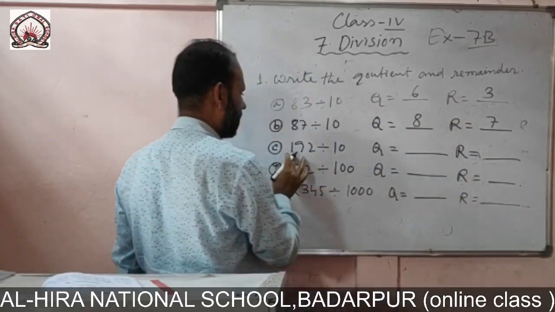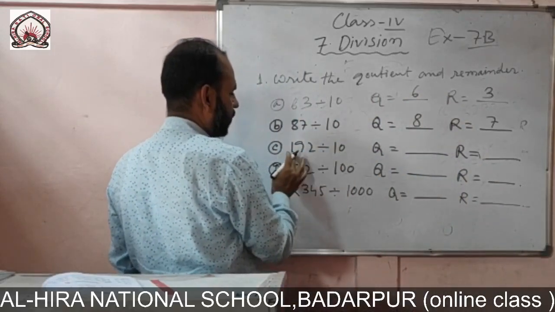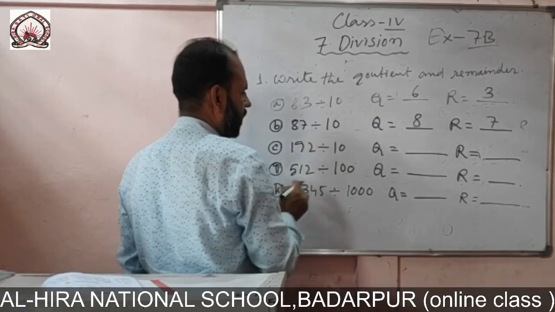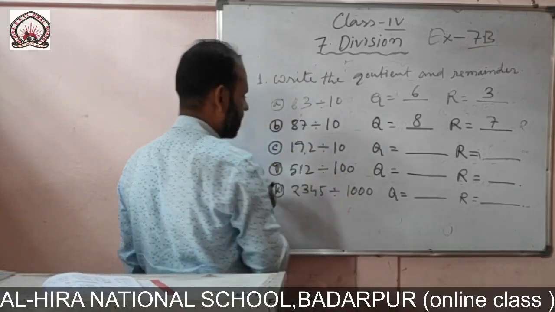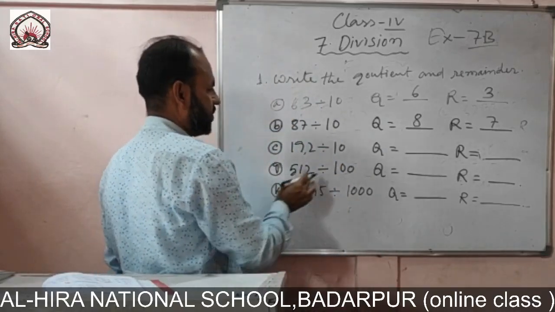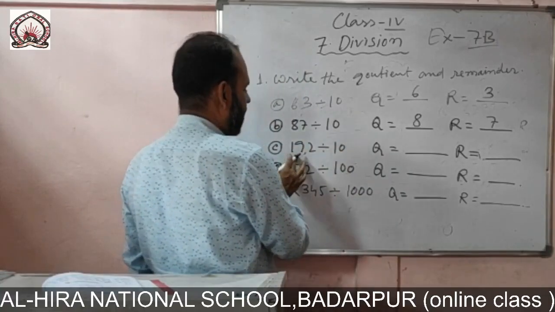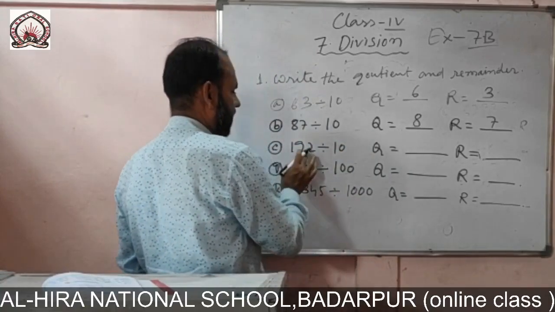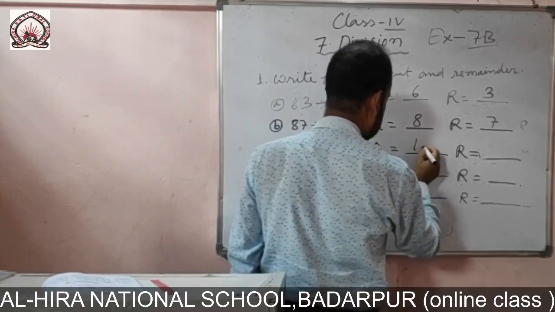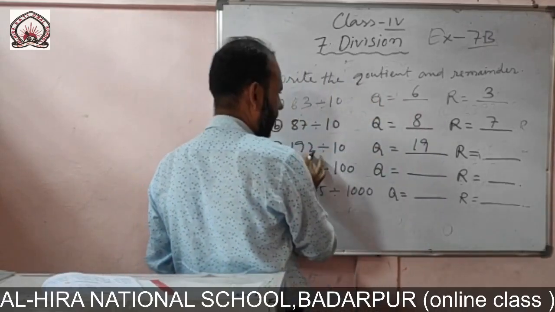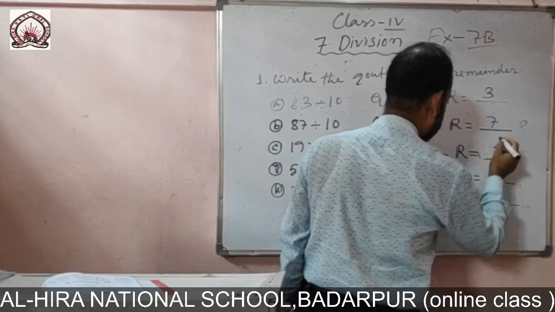Next here, 10 if go, then 192. In 192, how many tens are there? It is 19 tens. That means 10 times 19 is 190 and remainder is 2.